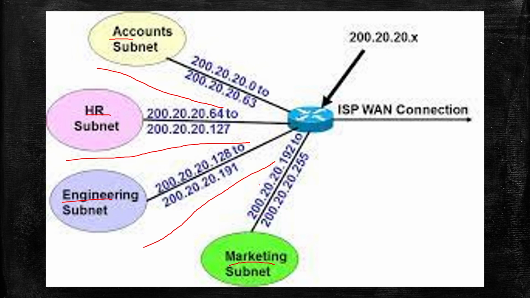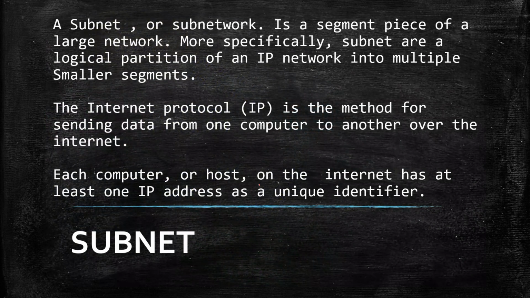Come to the next. Let's see some theoretical portion. A subnet or subnetwork is a segment or piece of a larger network. More specifically, subnets are logical partitions of an IP network into multiple smaller segments. If you read this properly, you can get the answer.